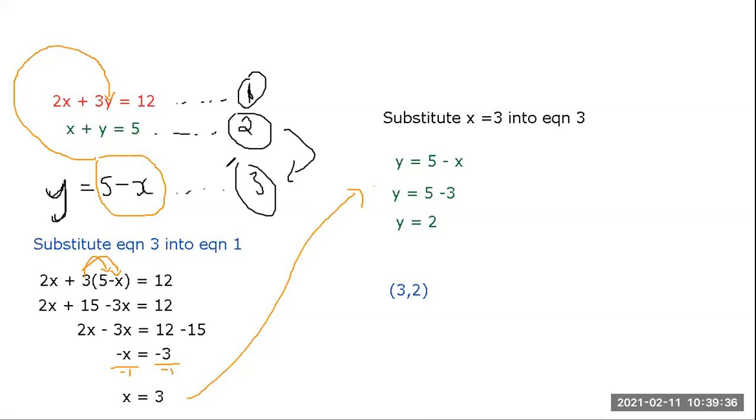All right, so for this question that we're doing on the board, it has two equations, but none of them are set in place as the slope-intercept format. So we put equation 2 into the slope-intercept format, which is y equals 5 minus x. And then we call that equation 3.